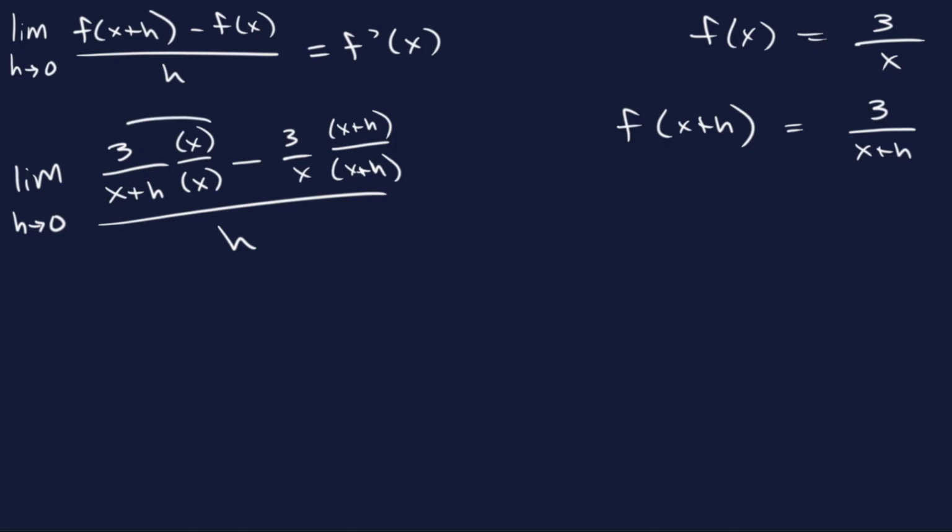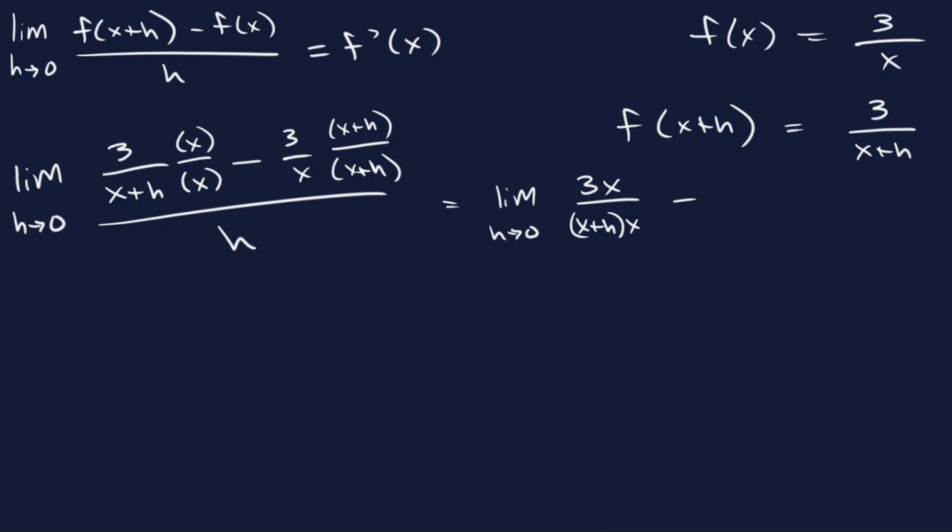So we think about this first term. Whenever you multiply fractions, all you do is multiply the numerator times numerator and denominator times denominator. So if we rewrote this, it would be the limit as h approaches 0. 3 times x is 3x. On the bottom, we're just going to write it as x plus h times x.